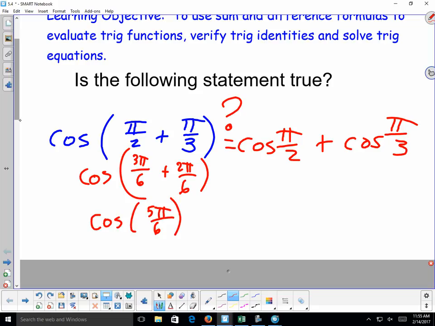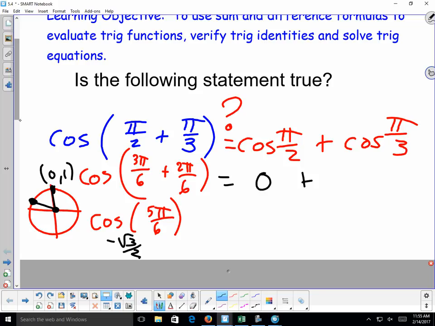My cosine here is negative square root of 3 over 2. What about over here? Cosine of pi over 2 is 0, and the cosine of pi over 3 is 1/2. So is this a true equation?